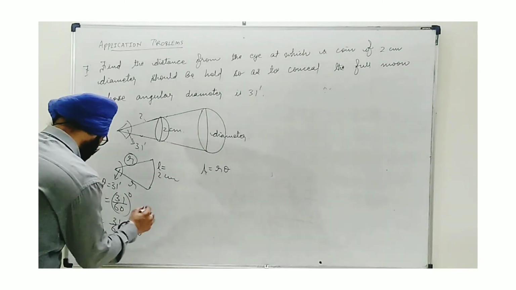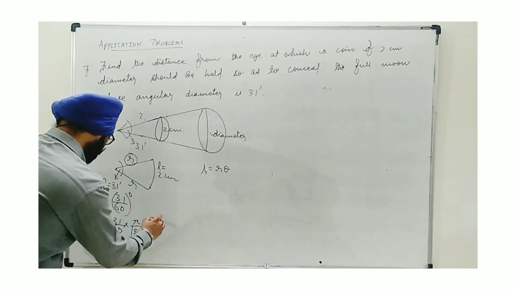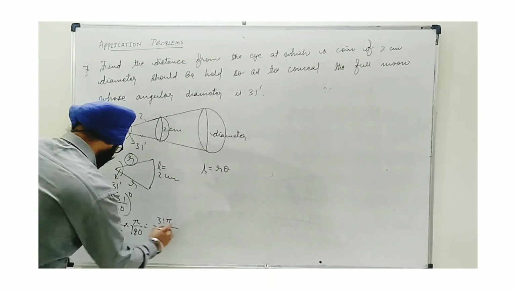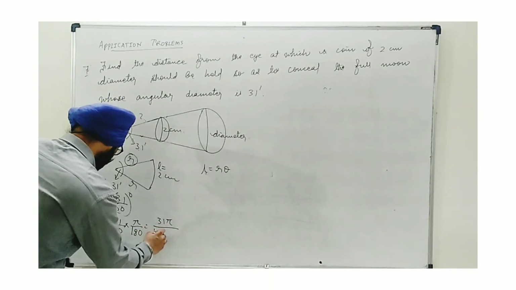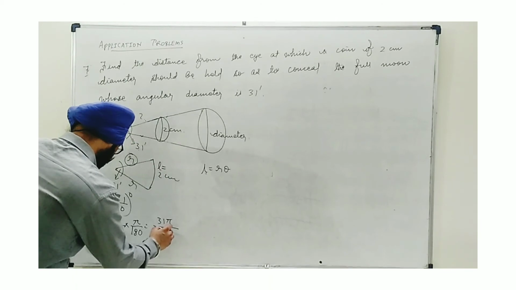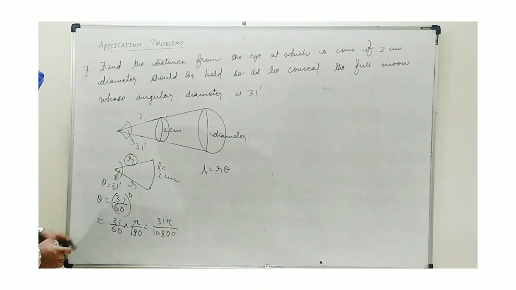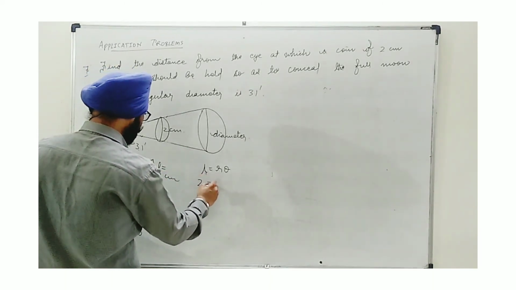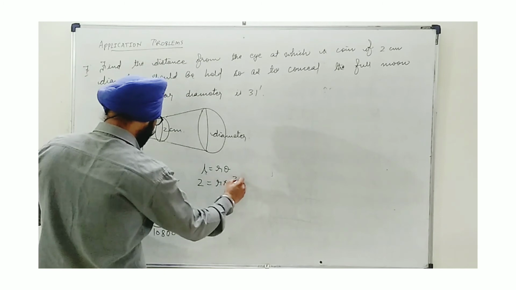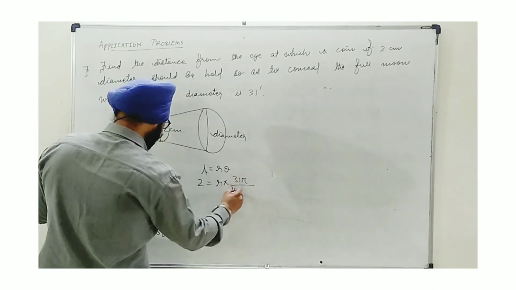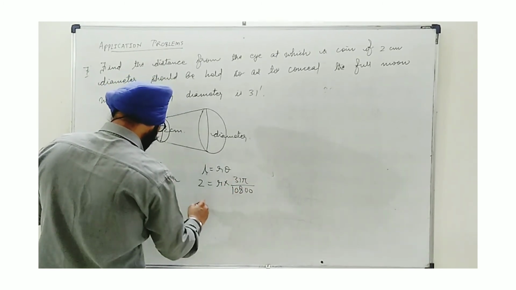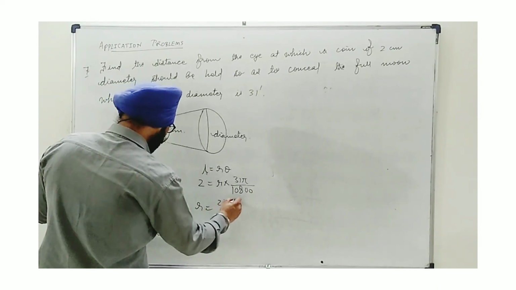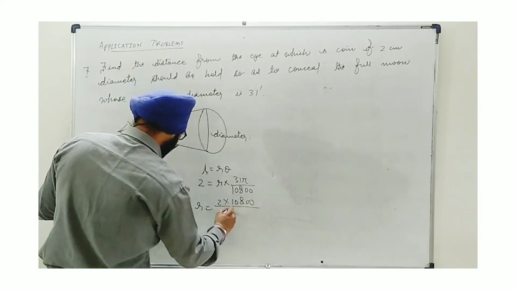After putting that, it comes 31 pi by 10800. Here, this value of theta we can use. L equal to 2 centimeter, R we need to obtain. So R comes 2 into 10800 divided by 31 pi.